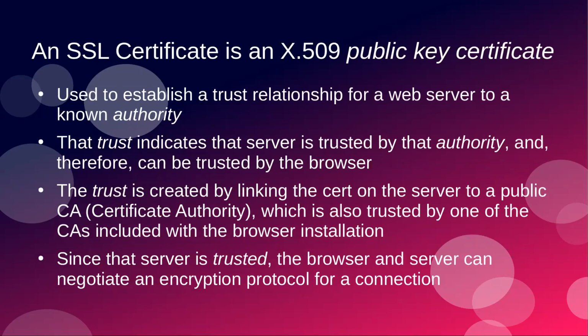That SSL certificate is an X.509 public key certificate. It establishes a trust relationship for a web server to a known authority. That trust indicates the server is trusted by the authority and therefore can be trusted by the browser. The trust is created by linking the cert on the server to a public CA, which is also trusted by one of the CAs included with the browser installation.